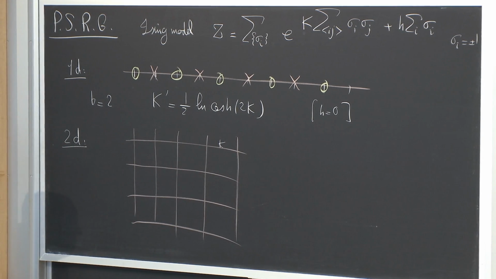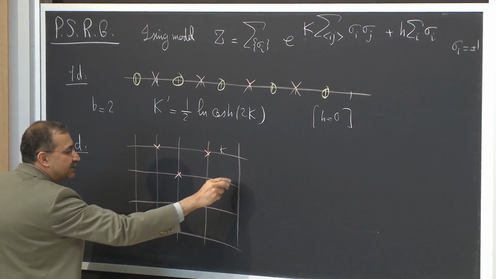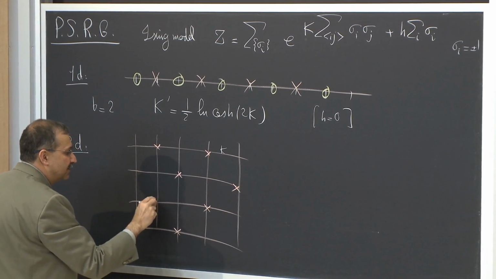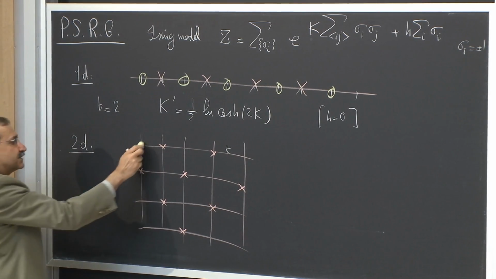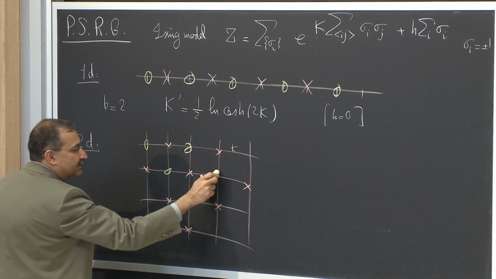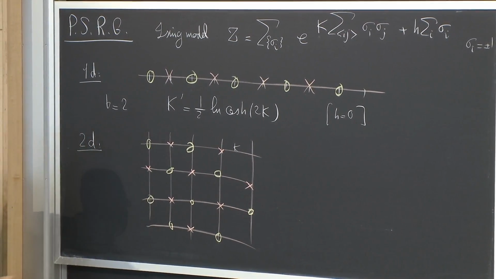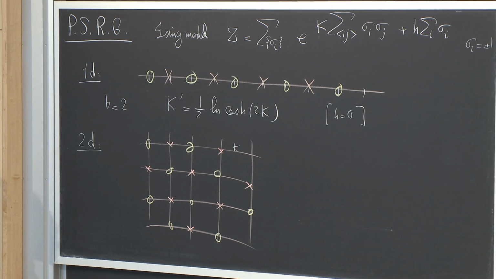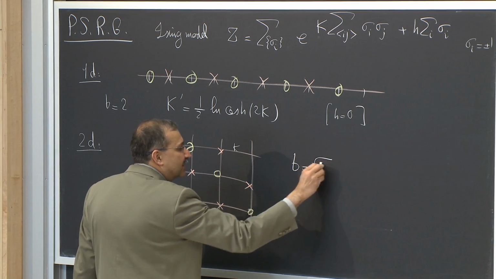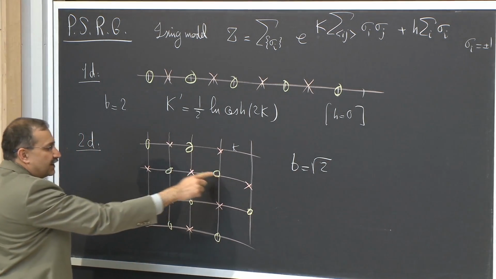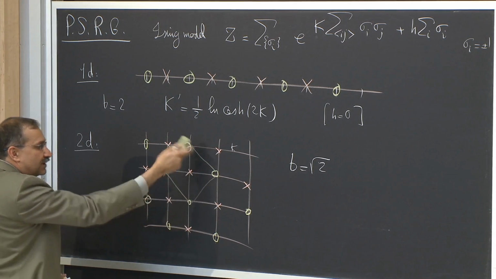And we could potentially do the same thing: remove one sublattice of spins, getting interactions among the other sublattice of spins. That would again correspond to removing half of the spins in the system. But in terms of length scale change, it corresponds to a square root of 2. This length compared to the old length is different by a factor of square root of 2.